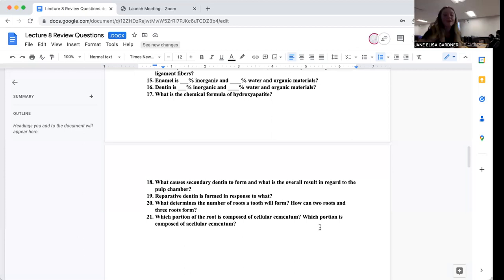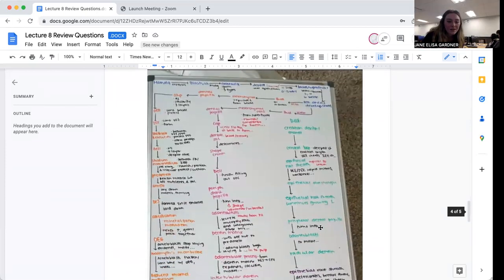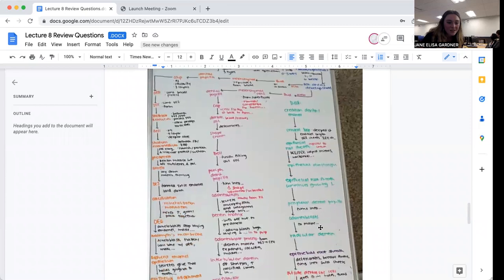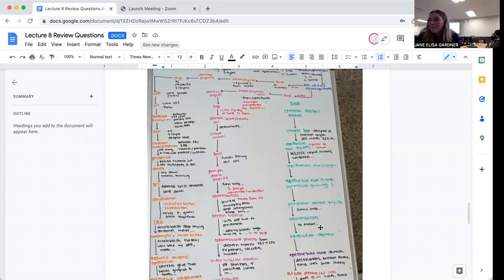And oh yeah, Josie made this flow chart. This kind of helped her organize all her thoughts a lot. I can zoom out if you want a picture of all of it.